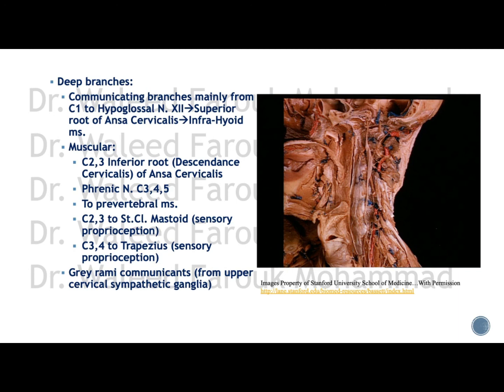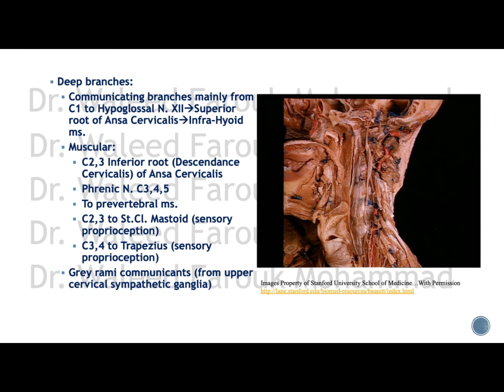Okay, what else? We have communicating branches with other nerves other than spinal nerves, for example, the hypoglossal nerve. C1 gives an extension to the hypoglossal nerve as it emerges from the skull, from the hypoglossal canal. These fibers coming from C1 are destined to form what's called the ansa cervicalis for the thyrohyoid and geniohyoid muscles.